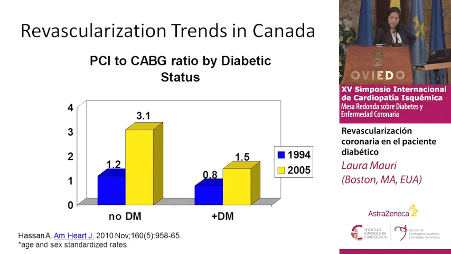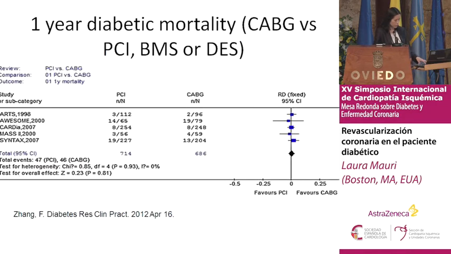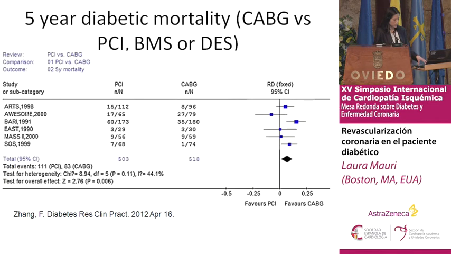So why is that? Why would patients prefer to have that? This is despite the fact that one reassuring finding is that more recent meta-analyses looking at one-year mortality that incorporate a combination of drug-eluting and bare metal stents, like SYNTAX, show no difference in mortality at 1 year comparing PCI versus bypass surgery.